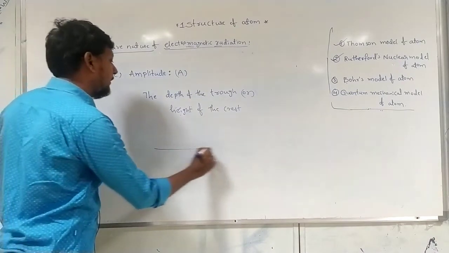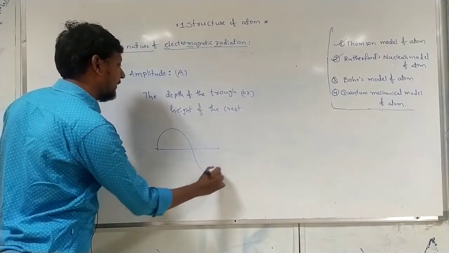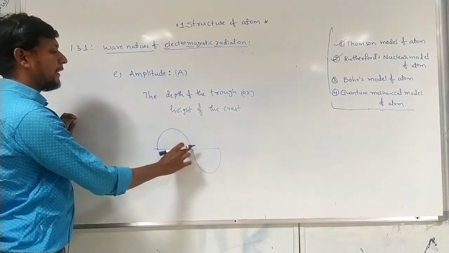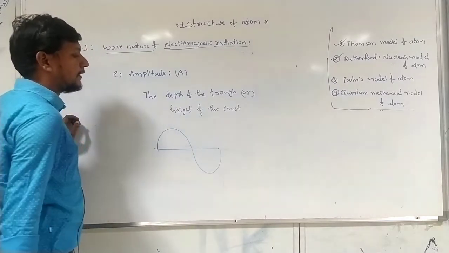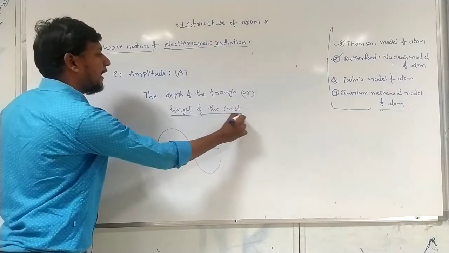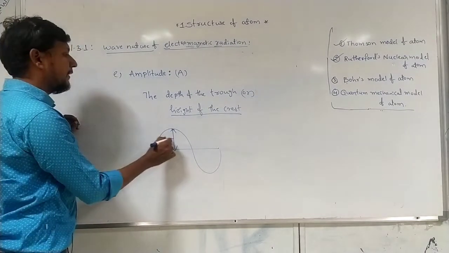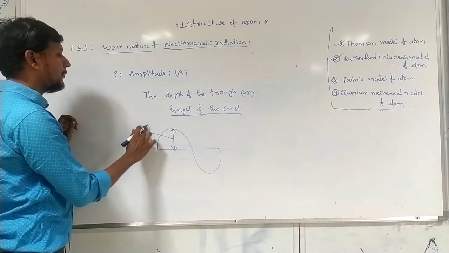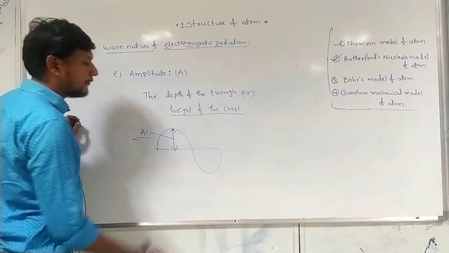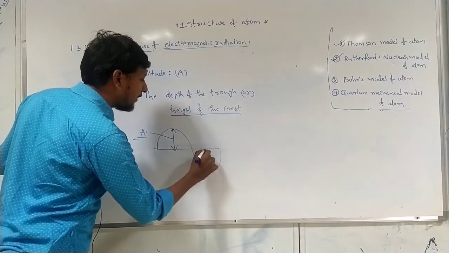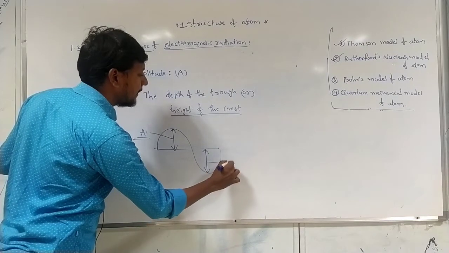For example, here one wave is there. This is the crest. This is the trough. The height of the crest is considered as amplitude, or the depth of the trough is also considered as amplitude.